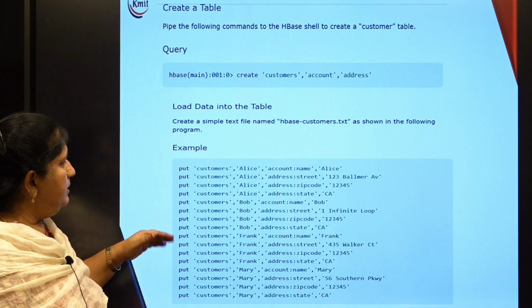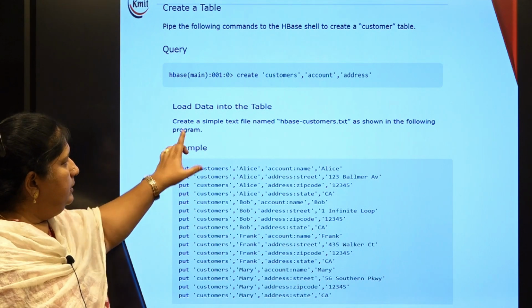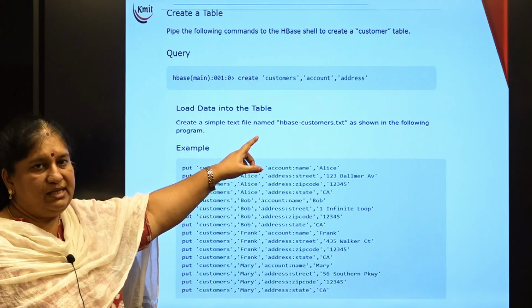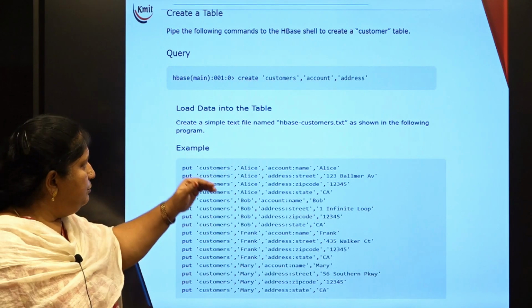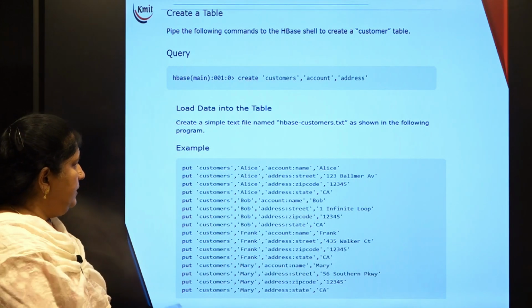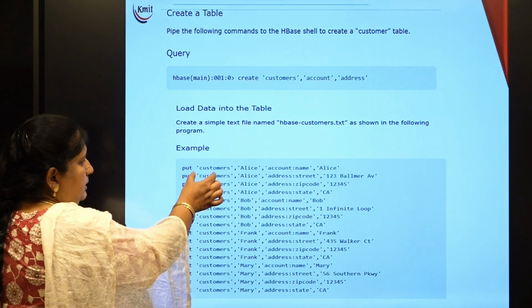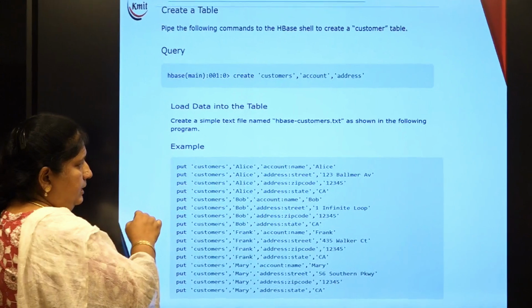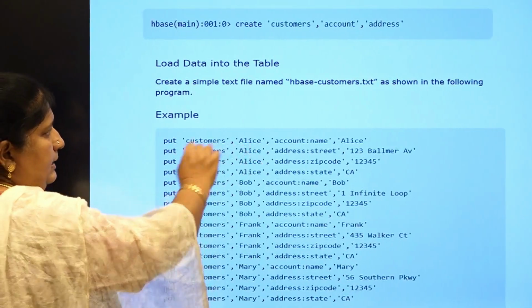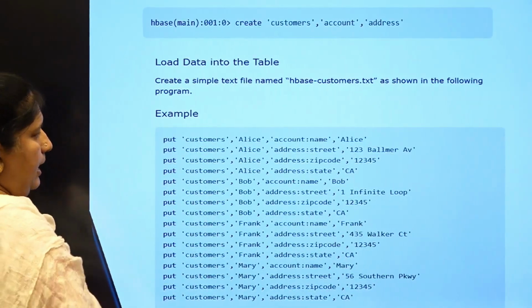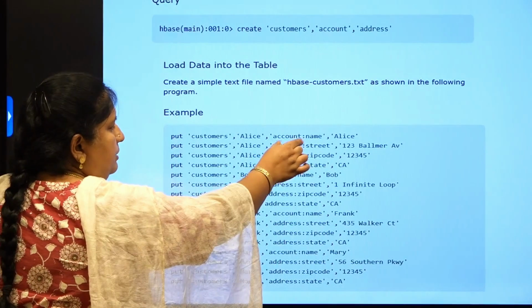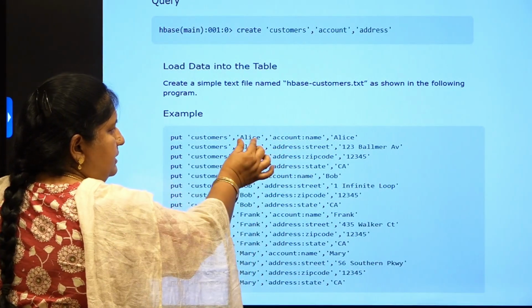Say for example, we are trying to load the HBase customers.txt from HDFS into this table. How do I say it? Put into the customers table, Alice, and what is the account name we are trying to give? This is the row identifier.